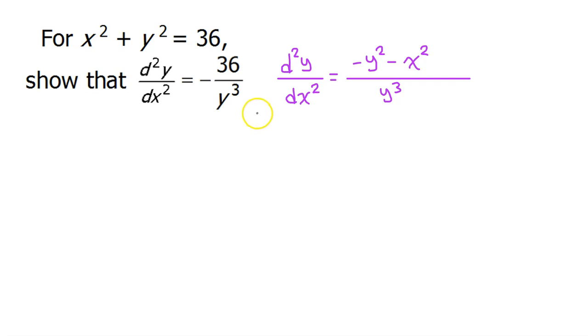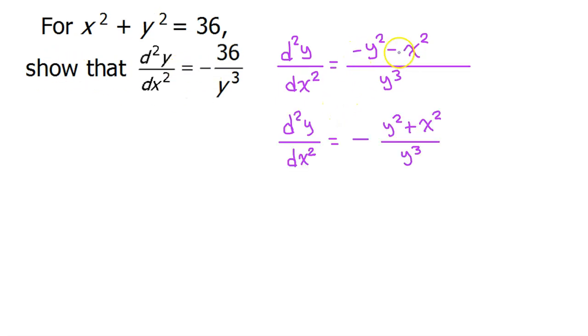In our simplified form, we already have the y to the third power that's in the target. I'm noticing this negative sign here out in the front and a couple of negatives in the numerator. So let's factor out this negative so we can have this negative right here. Factoring the negative sign out of the numerator and putting it in the front gives us this. Can you see where they are getting the 36 from?